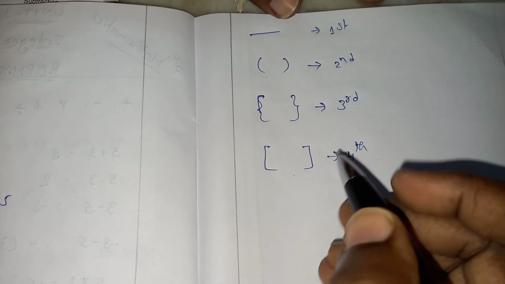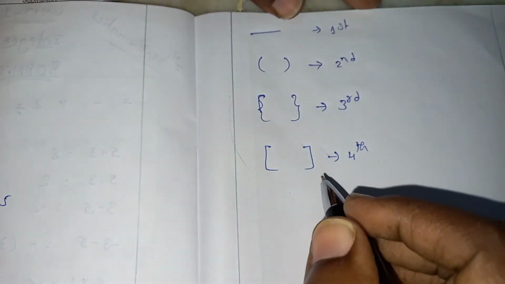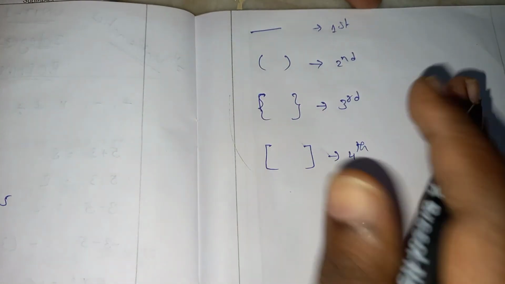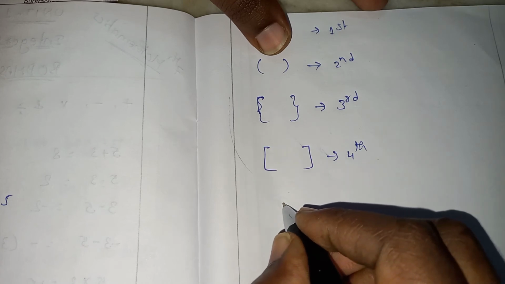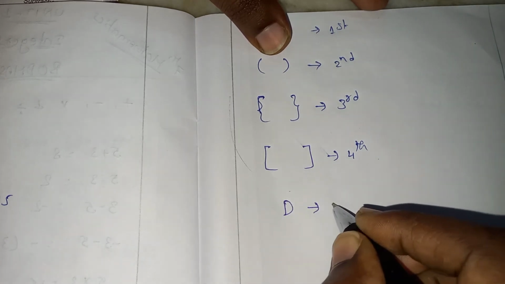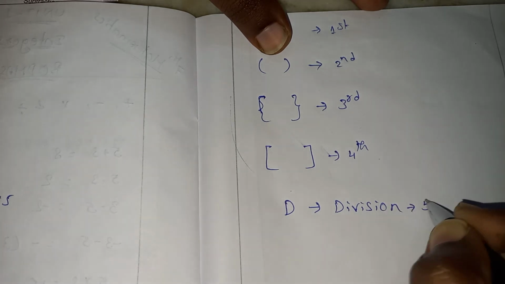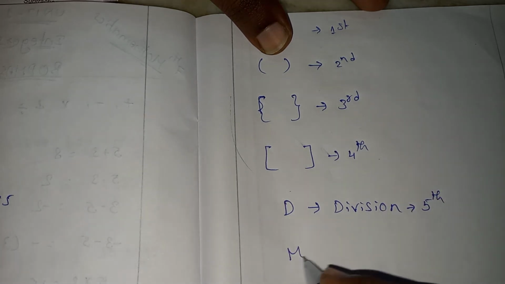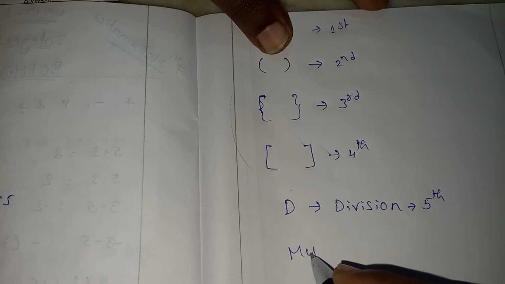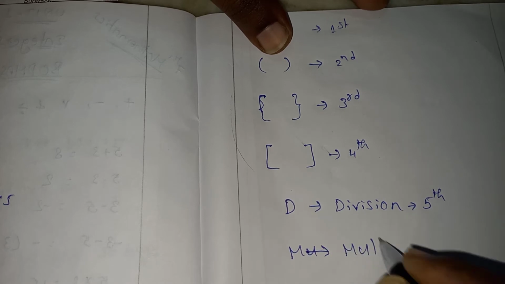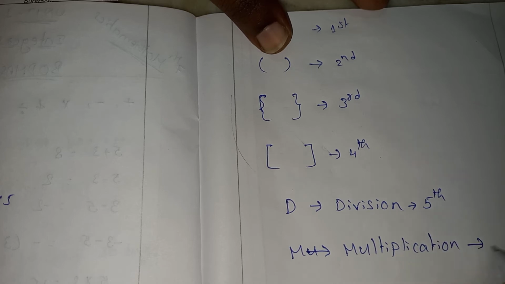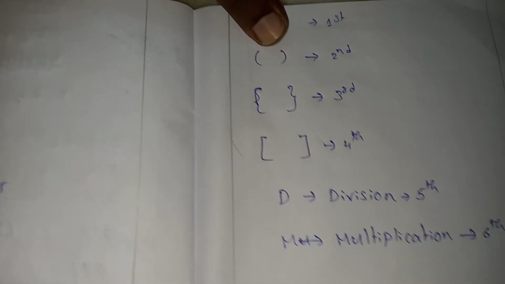Next, after finishing all the calculations of brackets, we have to go for division. Division has the fifth priority. Then, M for multiplication. This will have the sixth priority.